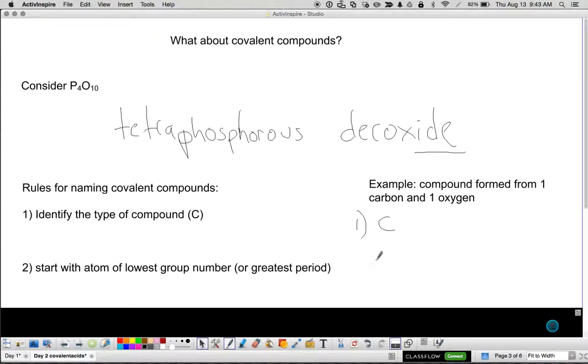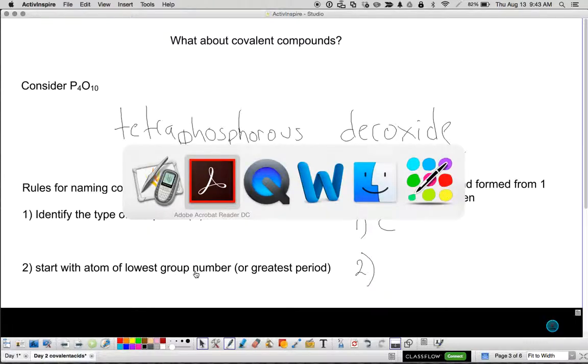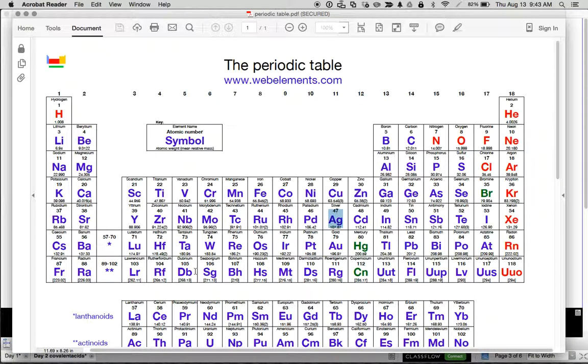Step two, so we're going to start the name with the atom of the lowest group number, okay? Remember the group number is up at the top here, so I'm comparing carbon and oxygen. Well, carbon has the lowest group number. What happens if we have like oxygen and sulfur?